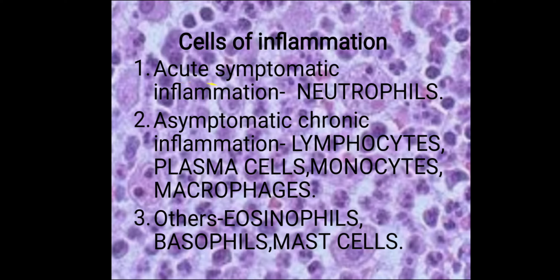Acute symptomatic inflammation: neutrophils. Asymptomatic chronic inflammation: lymphocytes, plasma cells, monocytes, and macrophages. These are the 4 cells seen in asymptomatic chronic inflammation. Other cells which can be seen in inflammation are eosinophils, basophils, and mast cells.